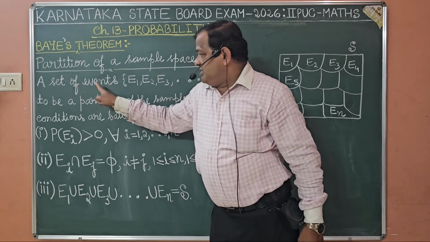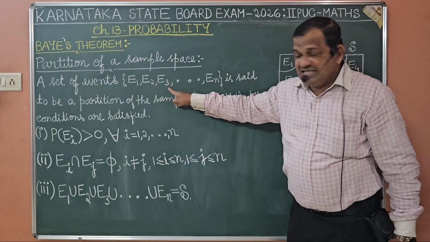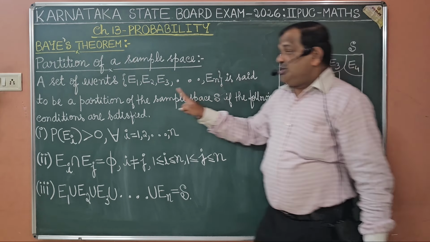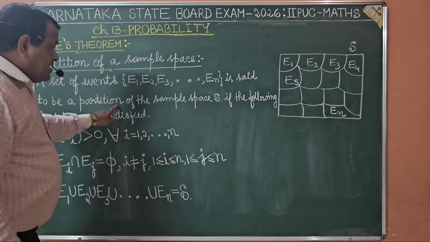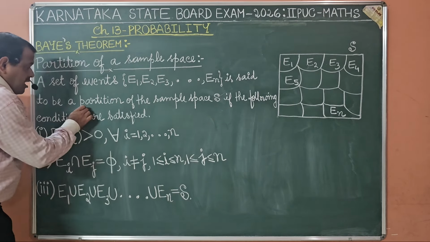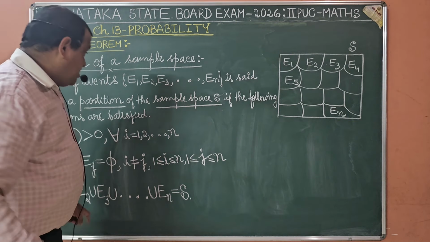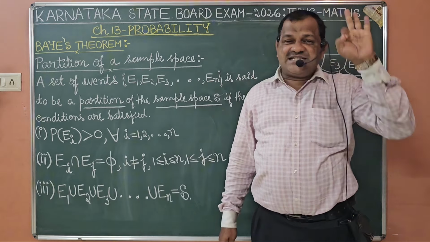A set of events E1, E2, E3, and so on, En is said to be a partition of the sample space if the following three conditions are satisfied.